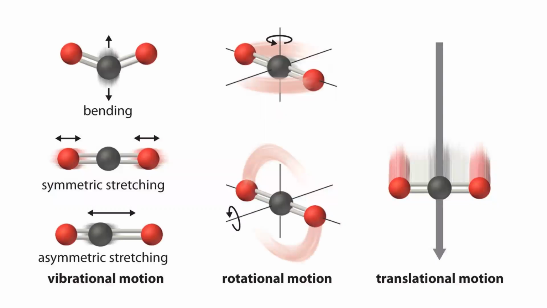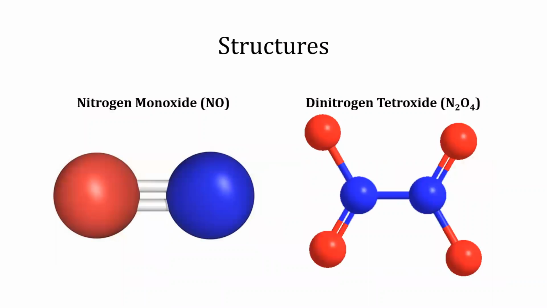The different movements molecules may perform include vibrational motion, rotational motion, and translational motion. Here are 2 structures in the ball and stick model, nitrogen monoxide and dinitrogen tetroxide. As evident here, dinitrogen tetroxide has more atoms than nitrogen monoxide, resulting in more vibrational motions, resulting in an increase in entropy.